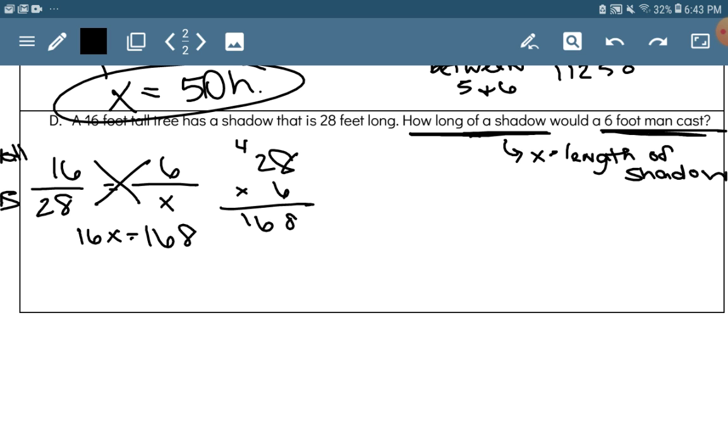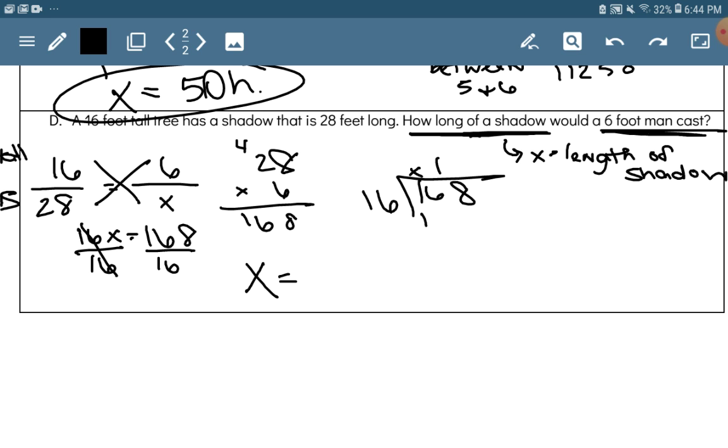I need to get x alone by doing division, so I'm going to divide by 16 on both sides. 16 divided by 16 cancels out, leaving me with x. I need to figure out what 168 divided by 16 is. 16 cannot go into 1, but it can go into 16 one whole time with nothing left over, but I do have to bring down my other digit. 16 cannot go into 8, so I basically say it goes in 0 times.